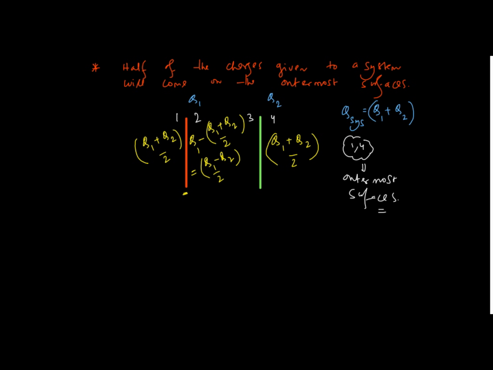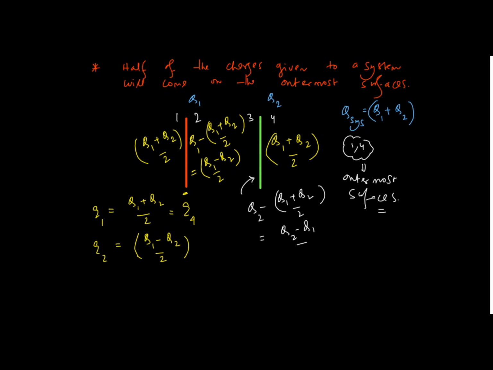So I repeat: the charge on the first surface is equal to Q1 plus Q2 by 2, which is also the charge on the fourth surface, and the charge on the second surface is equal to Q1 minus Q2 by 2. Similarly on the other plate, Q2 is the total charge, out of which Q1 plus Q2 by 2 came outside, and this number becomes Q2 minus Q1 by 2. I can write this as minus of (Q1 minus Q2) by 2.